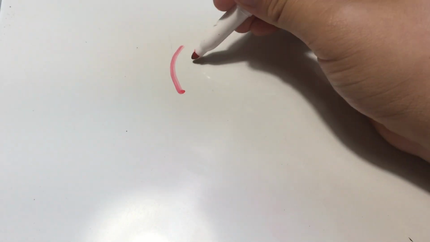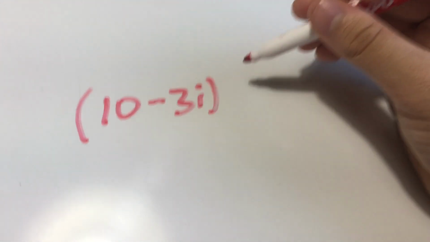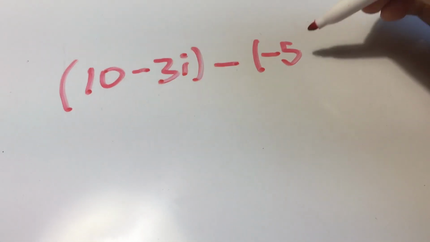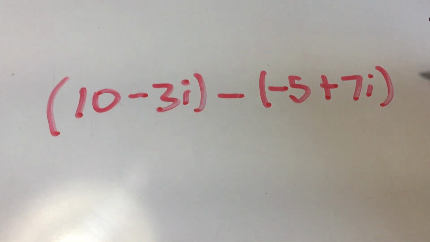Alright. Now, subtracting. That's a good one. A lot of people make mistakes on the signs. So 10 minus 3i minus -5 plus 7i. Alright.